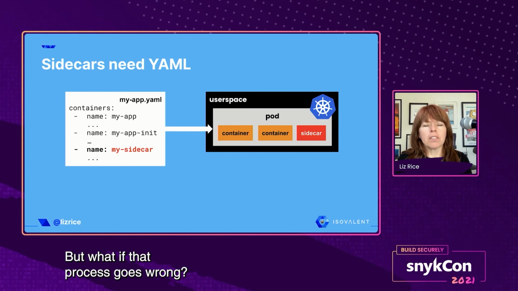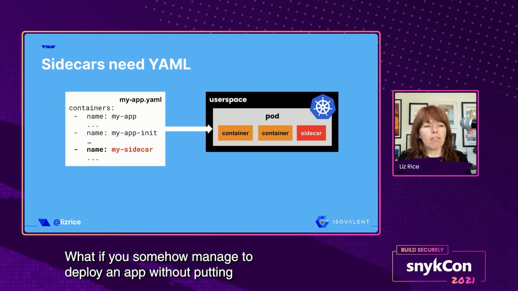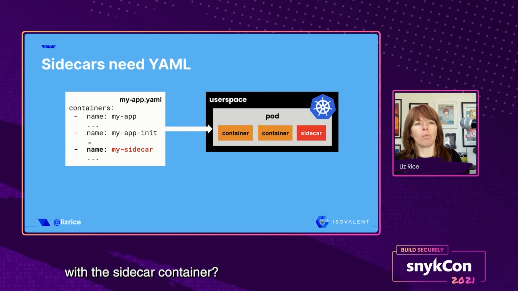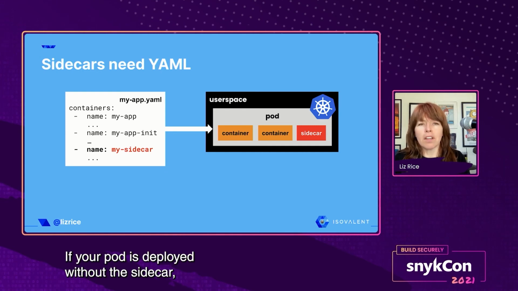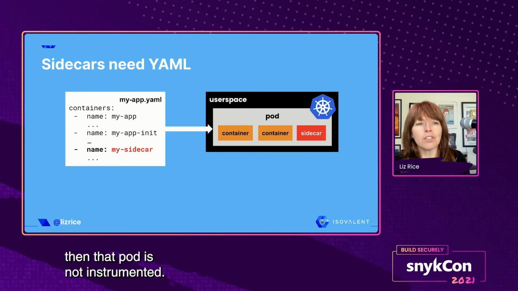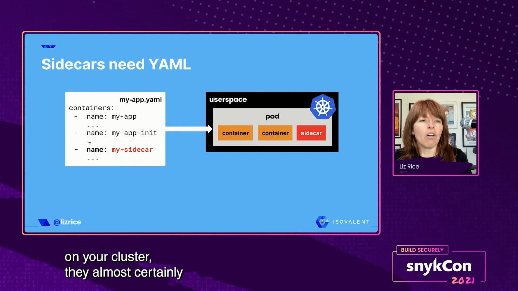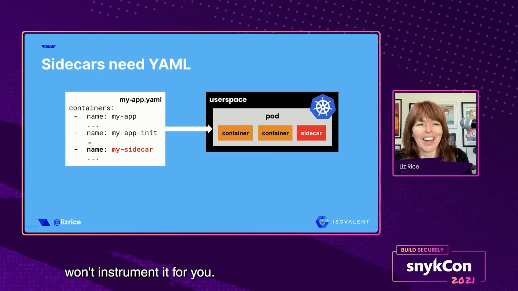But what if that process goes wrong? What if you somehow manage to deploy an app without putting it through that process, without instrumenting it with the sidecar container? If your pod is deployed without the sidecar, then that pod is not instrumented. If an attacker manages to run something maliciously on your cluster, they almost certainly won't instrument it for you.